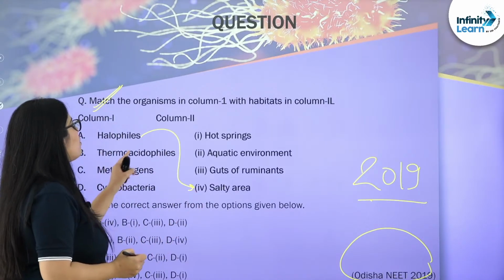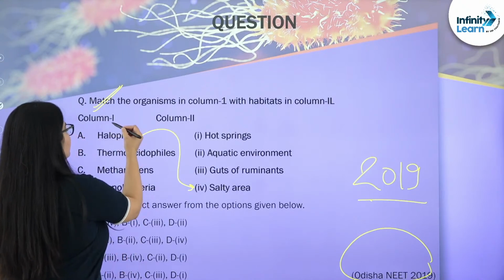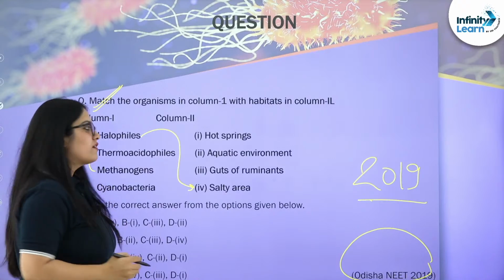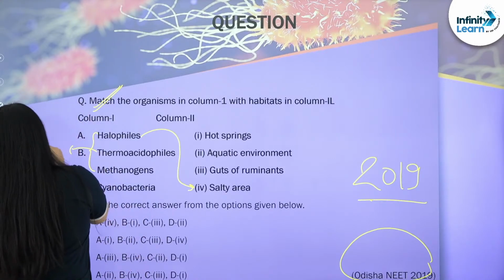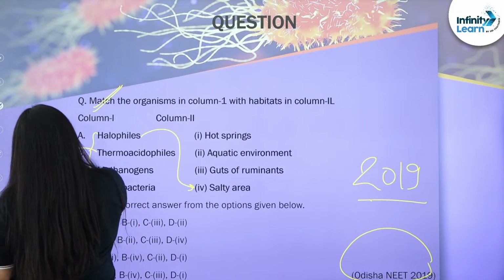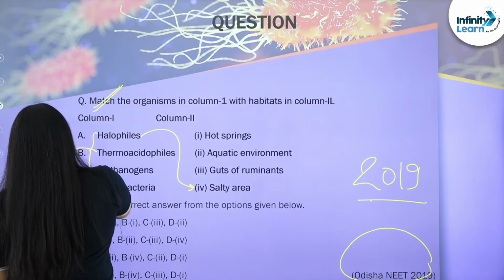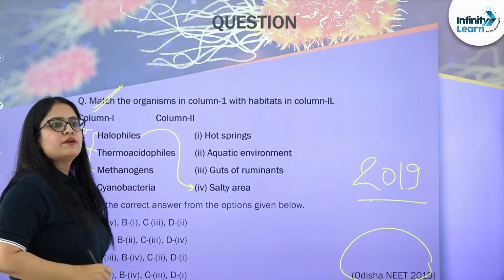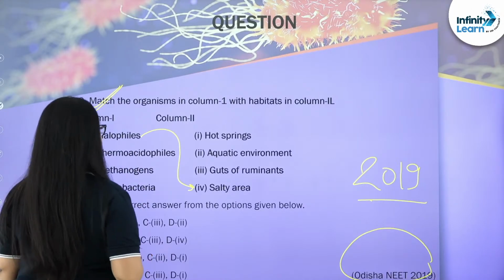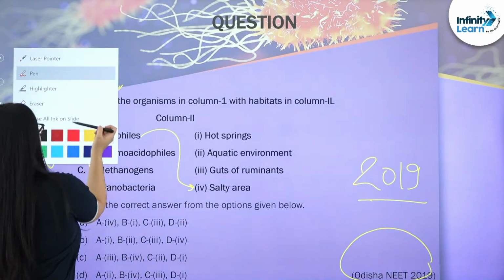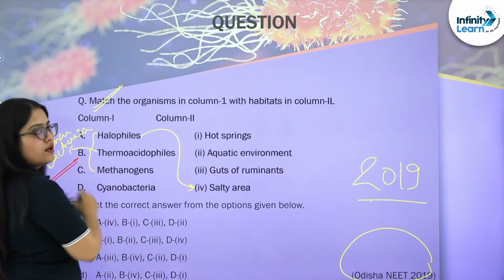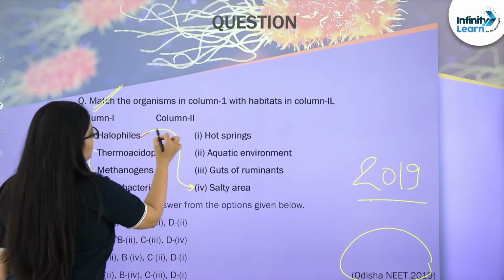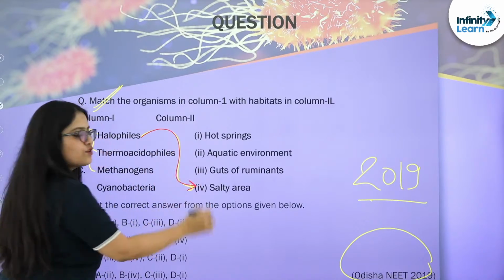Halophiles, thermoacidophiles, and methanogens are all types of archaebacteria. So halophiles are found in salty areas.